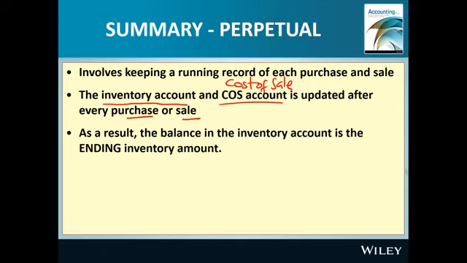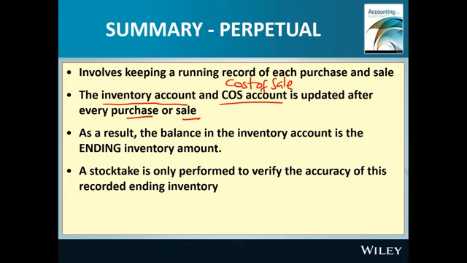As a result, the balance in your inventory account is the ending balance of your inventory. So you don't have to worry, because every time you purchase goods, the inventory amount will increase. Every time you sell the item, the inventory amount will reduce. So you always know the balance of the account.